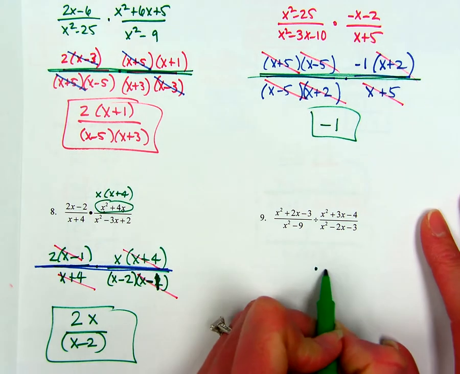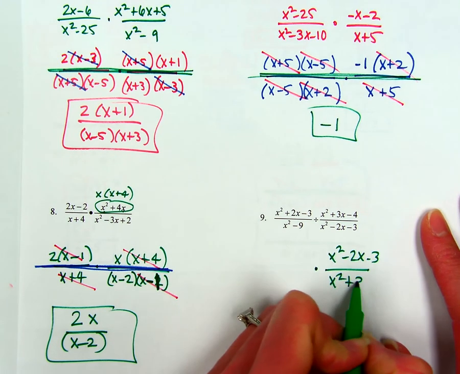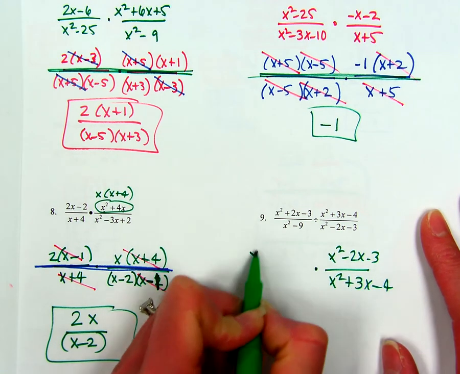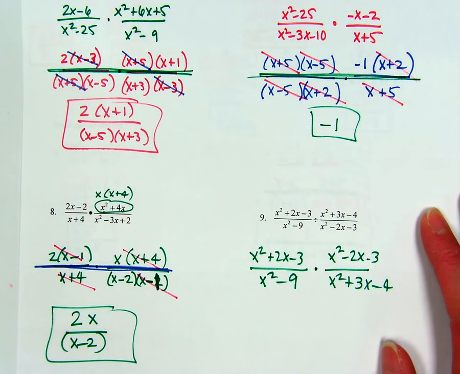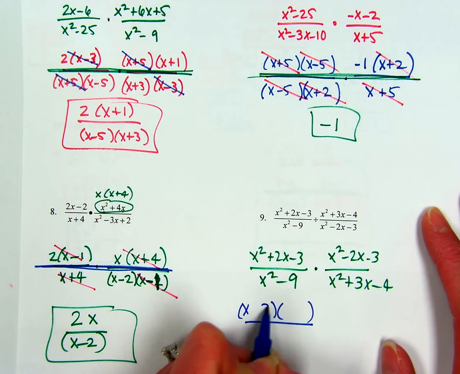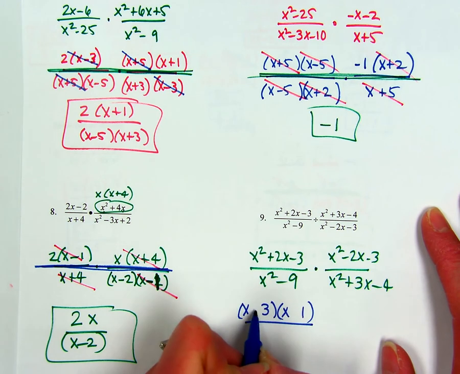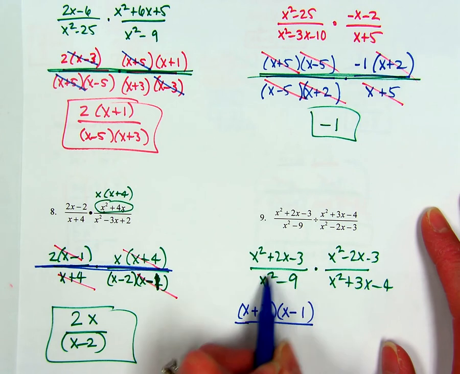Last problem. Change to multiply by the reciprocal. So make sure that you flip everything in the second fraction first. Don't change anything in the first fraction. Okay, then you're going to factor as much as you can. So this is what multiplies to -3 that adds to +2. So I want my +3 and -1. This is a difference of perfect squares.